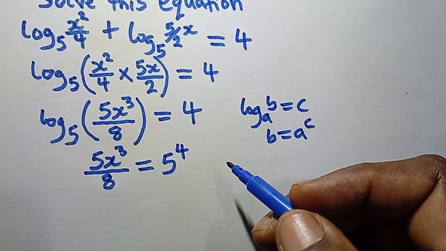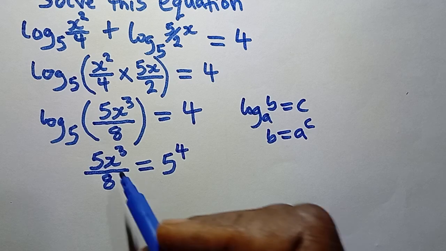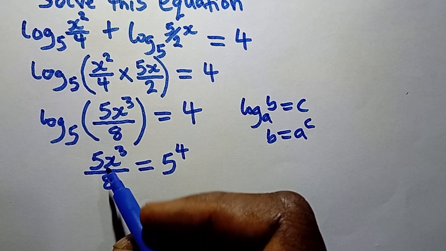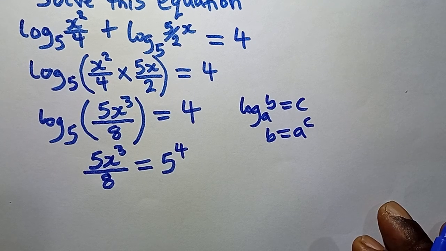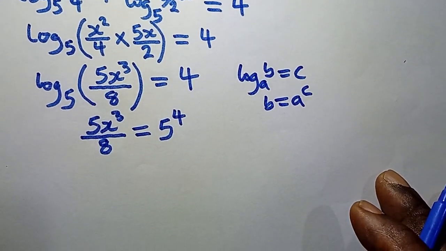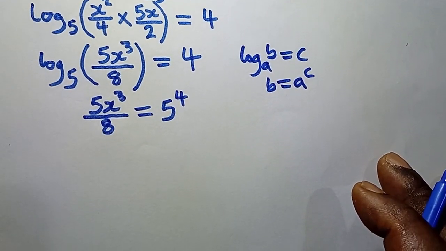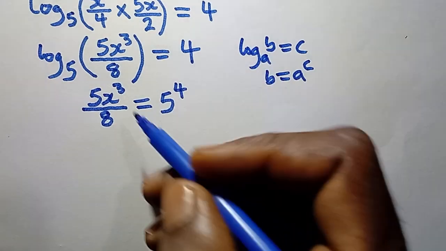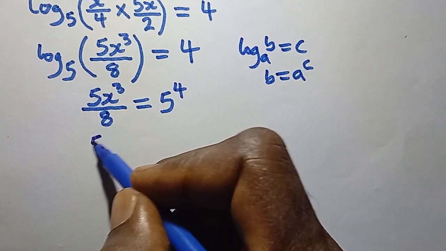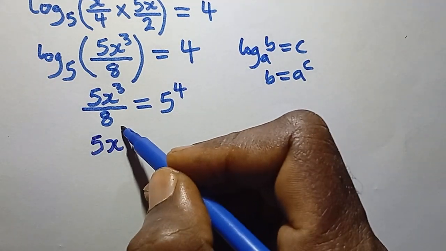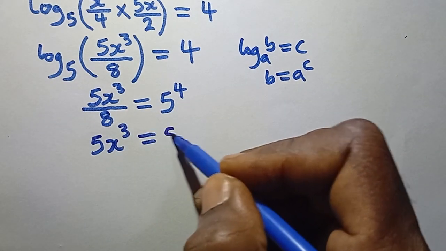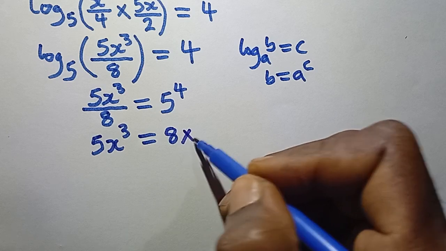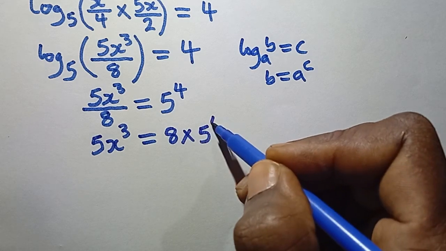So that is how it is going to be. So now if we check, we can see that this is 5. If we cross multiply now, let me cross multiply so that we can see what goes next. If we cross multiply, it's going to give us 5x cubed is equal to 8 multiplied by 5 raised to power 4.